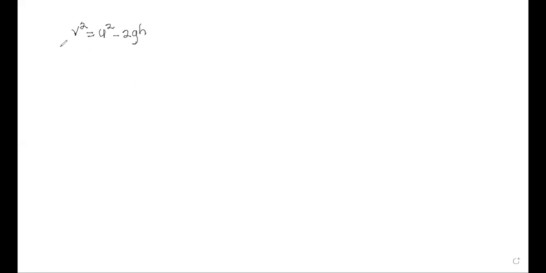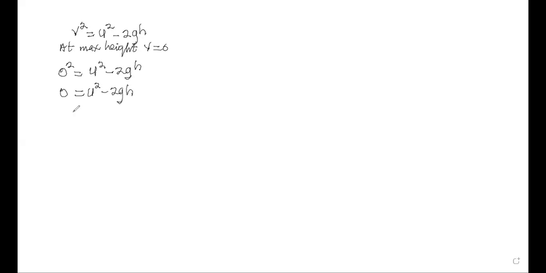When it reaches the maximum height, at maximum height, V is equal to 0. So 0 squared, the value is the same. It's equal to U squared minus 2GH. 0 squared is still 0. So we have this.